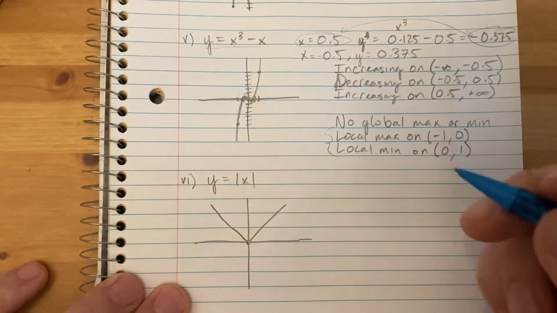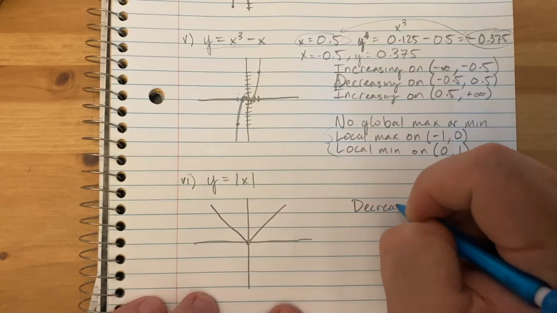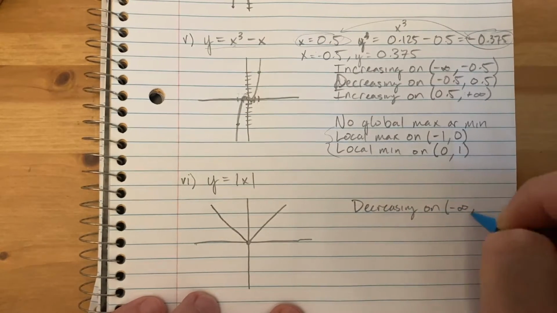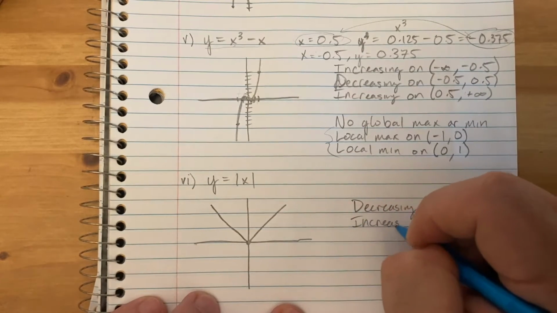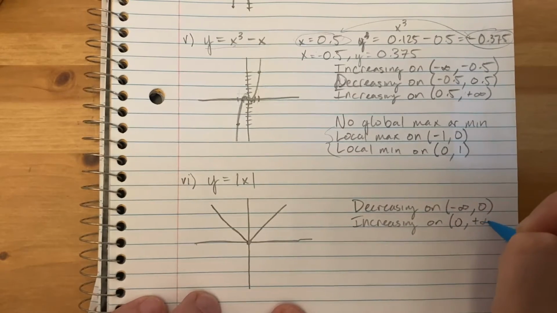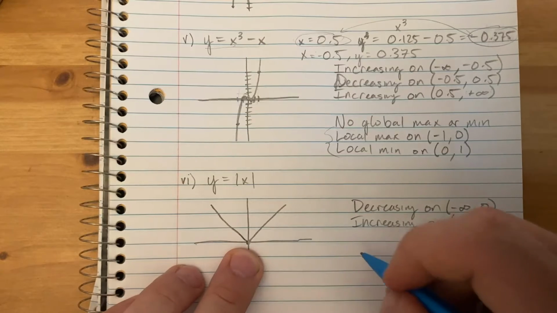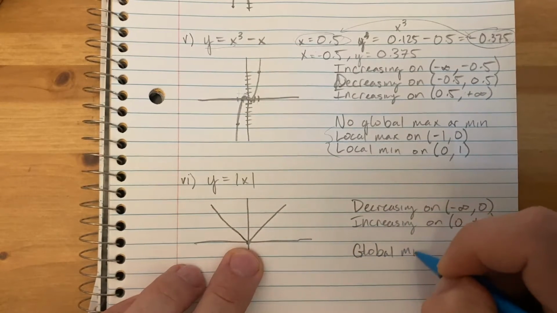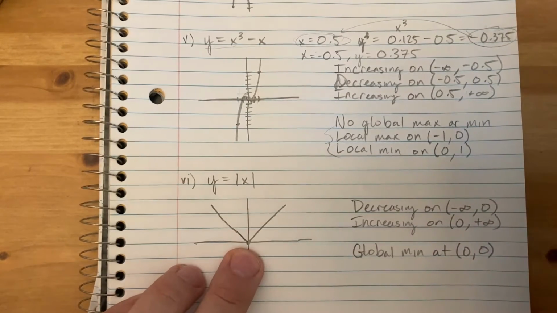So it's decreasing on the interval negative infinity to 0 and increasing on the interval 0 to positive infinity. And there is a global min at the point (0, 0).